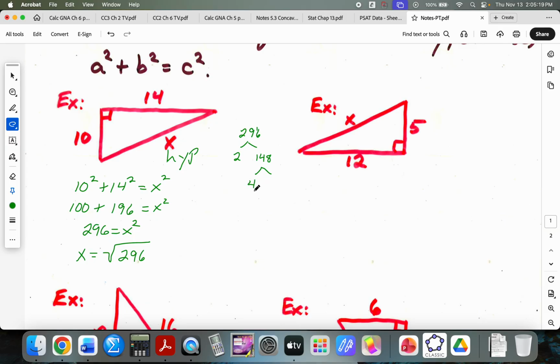I usually do 2 because I can divide by 2 in my head. Dividing by 4, I can't do that in my head. So actually, let's do this by 2. Might as well practice the way we're going to do it. 2 won't go into 1, but it does go into 14 7 times. And 2 goes into 8 4 times.